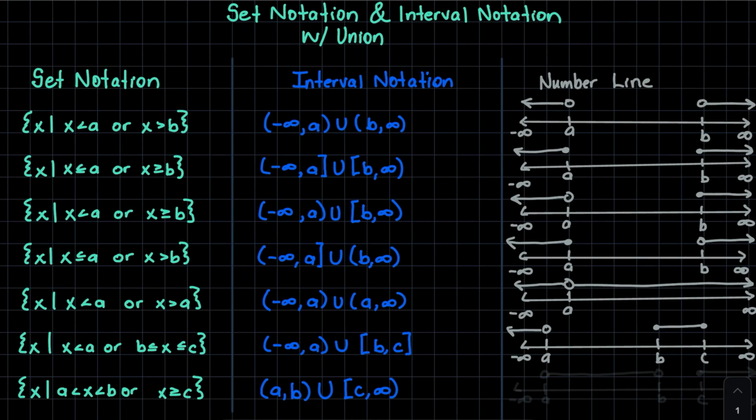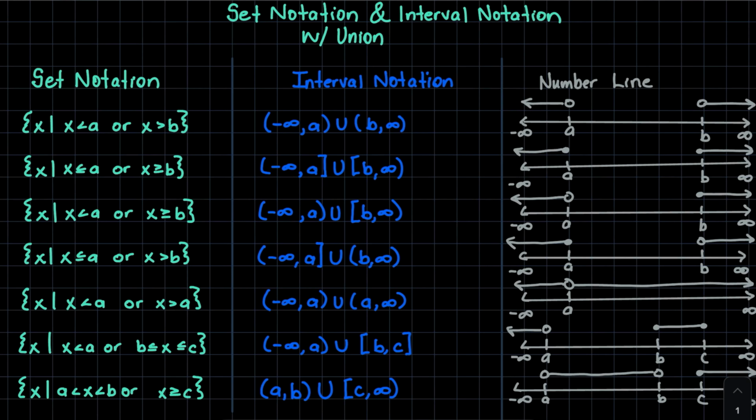On our number line, A, B, C. So we are strictly between A and B. Neither of those included, so they have open circles. And bigger than C and including C. So we have a closed circle on C, and we travel to positive infinity.